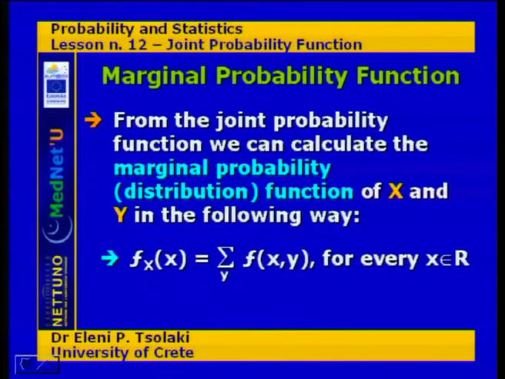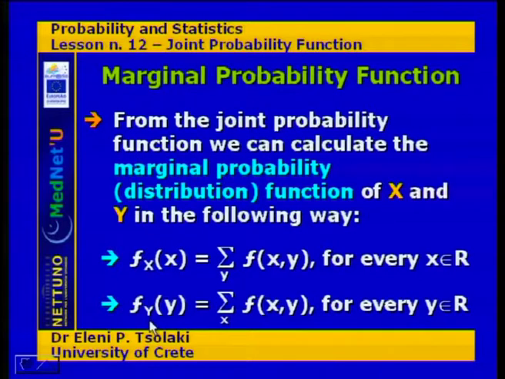It can be calculated if we sum up all values of f(x, y) for all values of y. So it will be a function of x. For different x, we are going to have the marginal probability function.